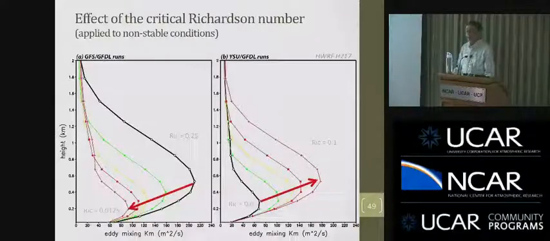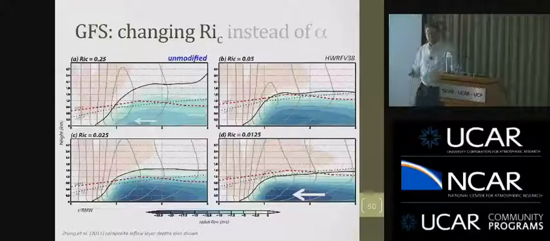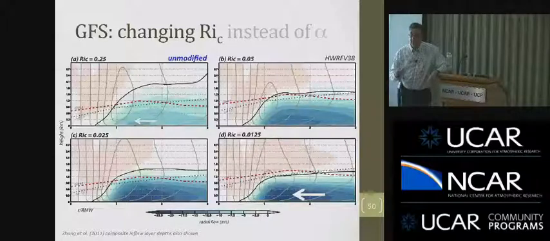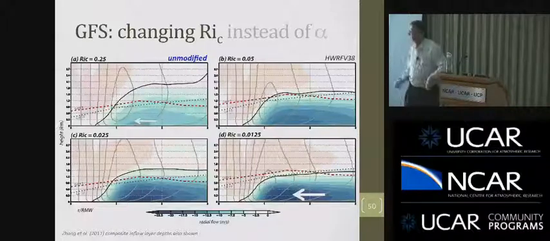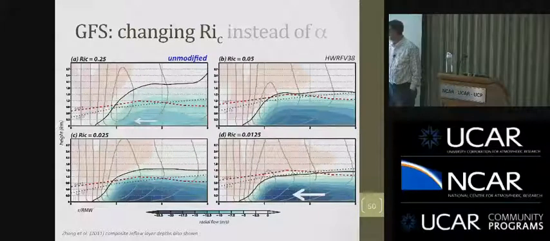Okay? And I think you could probably guess that the critical Richardson number is going to influence the depth and the intensity of the inflow in a similar way that alpha did. These are simulations, again, with scaled radius out to 3 times the radius of maximum wind. The colored field is inflow, the bluer the stronger.